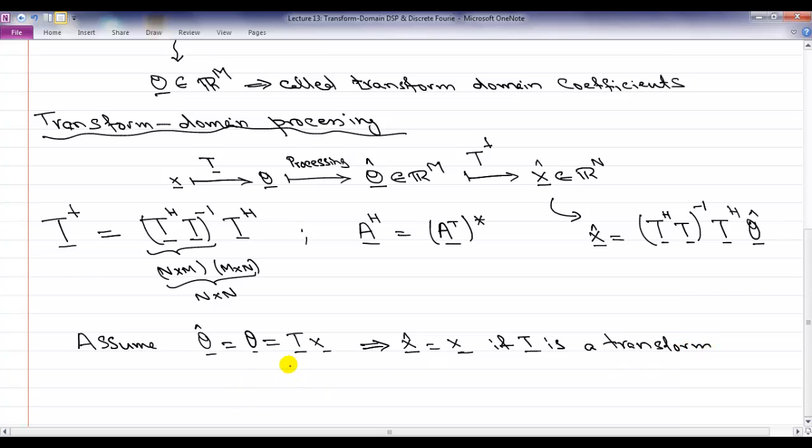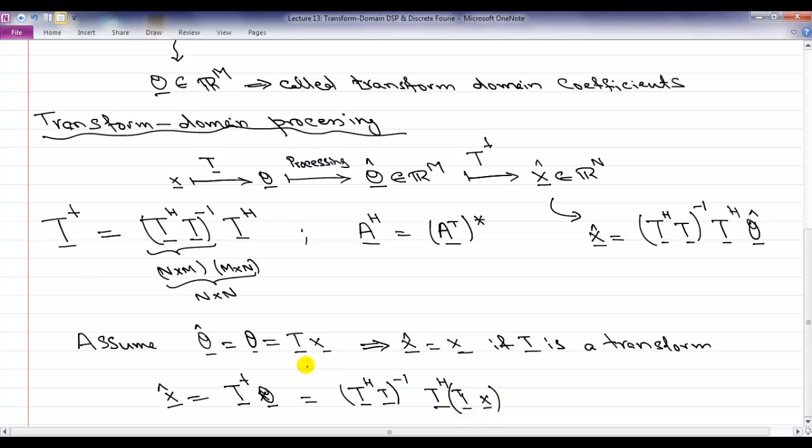And that is trivial to see in the case we have defined. So x hat, I have defined that to be T pseudo-inverse times theta, which is equal to T Hermitian T inverse T Hermitian T x.